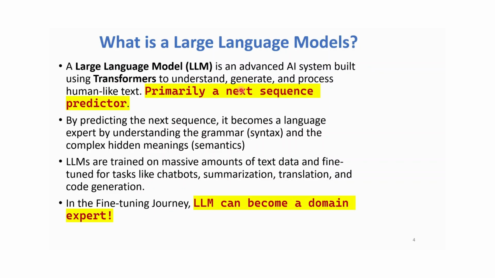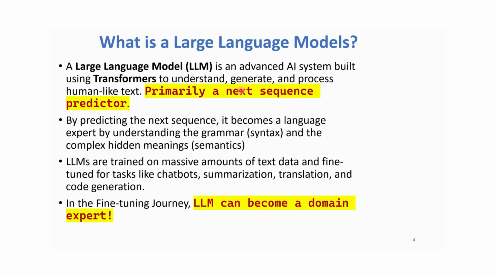The very easy next sequence predictor that we can visualize is the Google search engine. When the transformers were introduced, the BERT model was actually integrated in Google search, so it is able to predict the next words. That's how we should understand it.